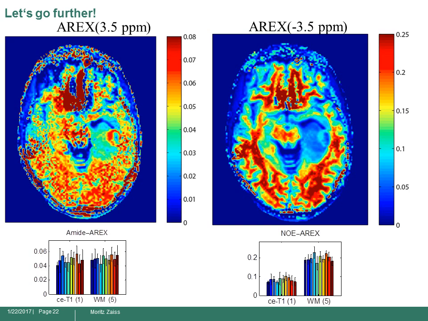So we were wondering, because this speaks now that this amide-CEST effect is not very significant, but it still looks a bit weird, because if you move towards the tumor, towards the gadolinium, it first goes down in the surrounding area and then it increases again. So this was a little bit weird. This looks a little bit like the AREX signal at 3.5 ppm behaves a little bit like the NOE signal at minus 3.5 ppm. And this was the beginning of this study I want to actually present, which is about this downfield-NOE compartment.